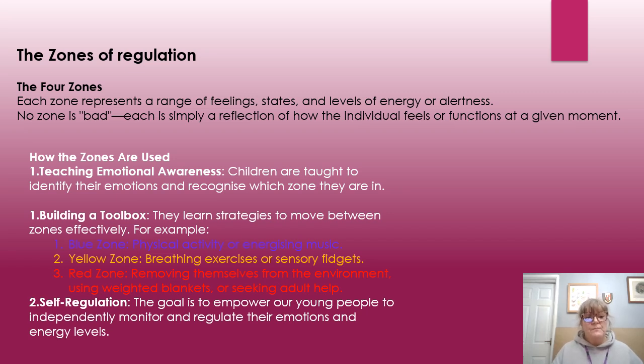the green zone. Each zone represents a range of feelings and states and levels of alertness, and no zone is bad. So each is simply a reflection of how the individual feels or functions at that given moment.